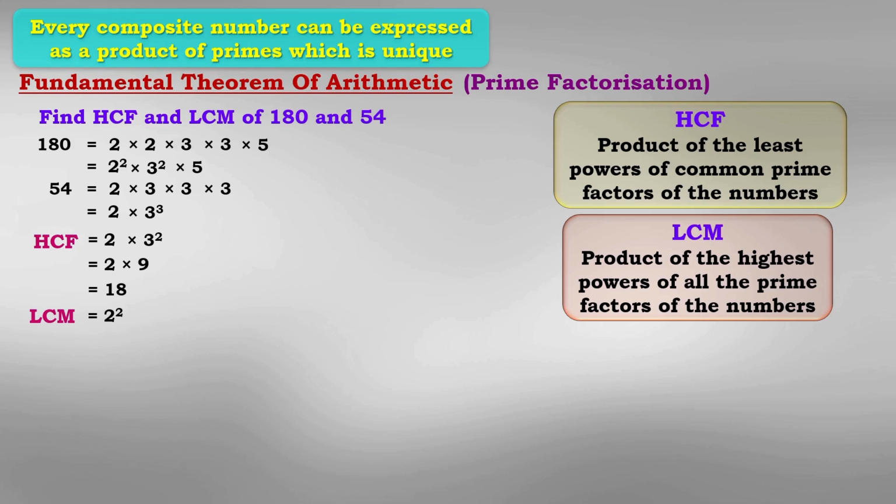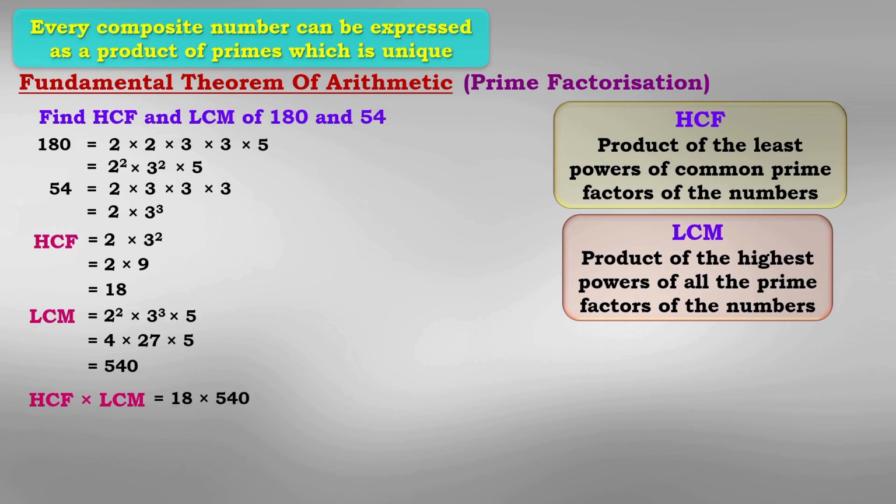So we consider 2 to the power 2 because that is the highest power. For 180 we have 3 to the power 2, and for 54 we have 3 to the power 3. So we take the highest one, that is 3 to the power 3. And since 180 has 5, we also include the 5. So this is going to be the LCM. If we simplify 4 into 27 into 5, that is going to be 540. So this is the LCM.